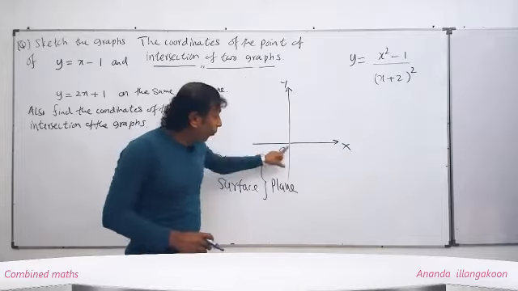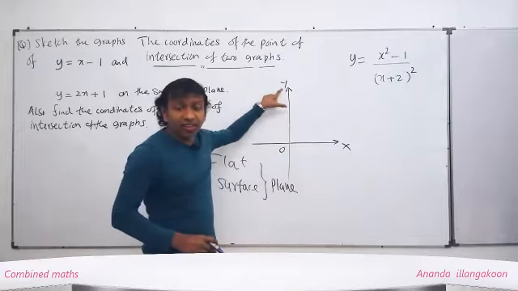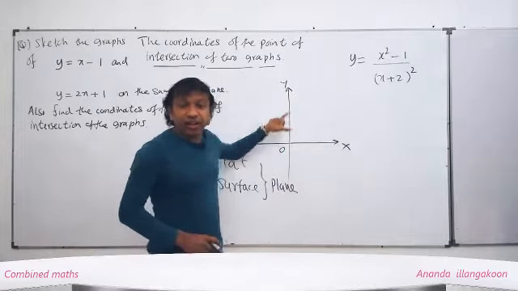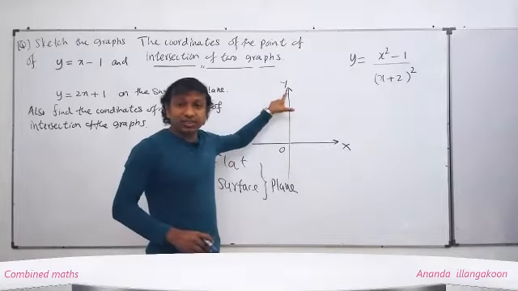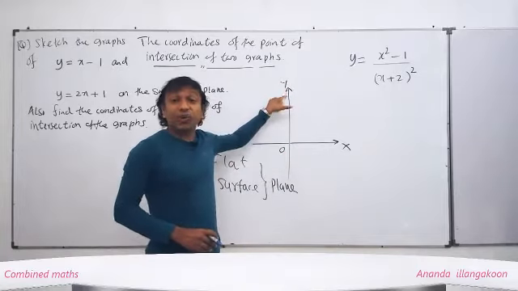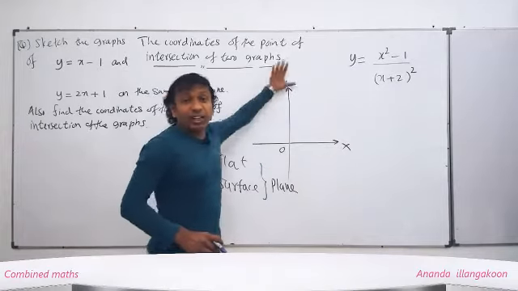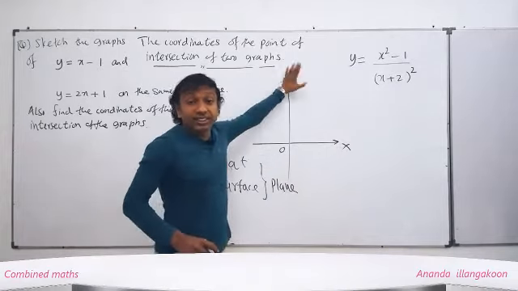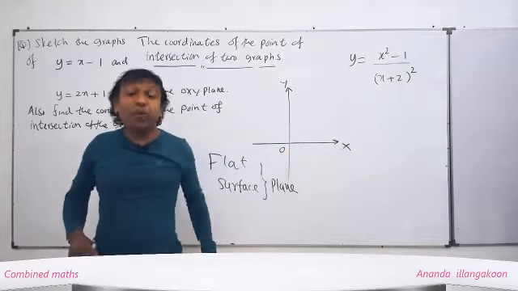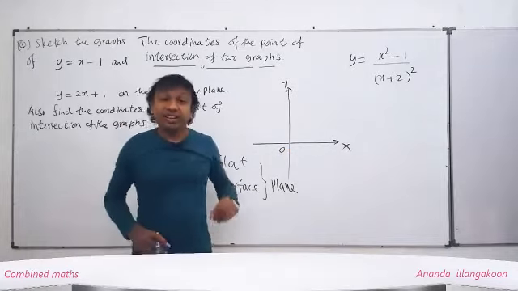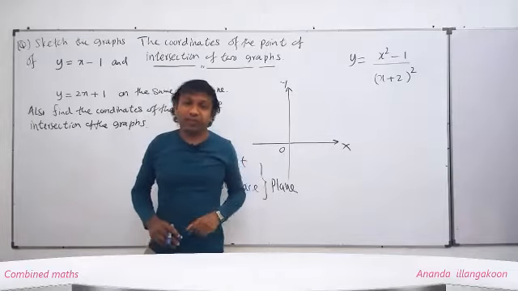Then here OX axis, OY axis. Both axes now lie on this plane. Therefore, the surface of the board is called the OXY plane. The Cartesian coordinate plane means the same thing.